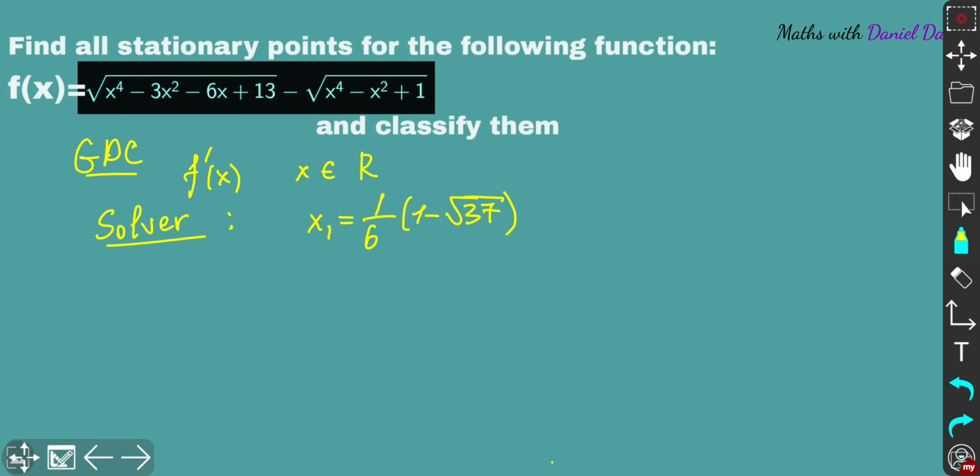I already did it. It's around negative 0.847. And x2, the other solution, is around 2.79, let's say to 2 decimal places, 2.79. We've got the stationary points.